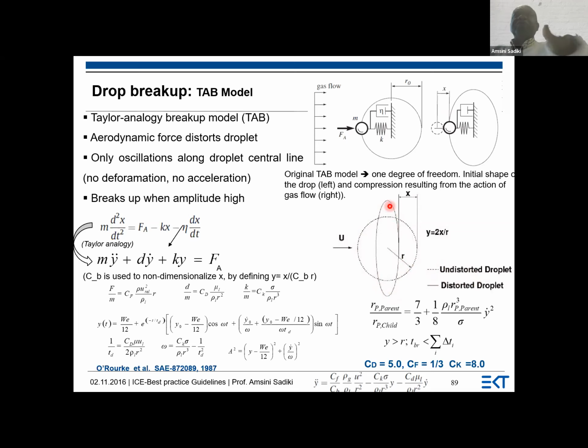What we have to do, we have to write down this expression, we know, and we make a Taylor analogy to represent this kind of behavior. It is very, very simple.